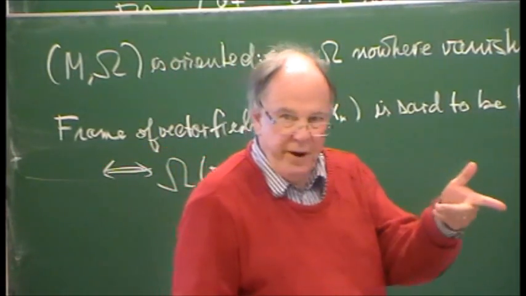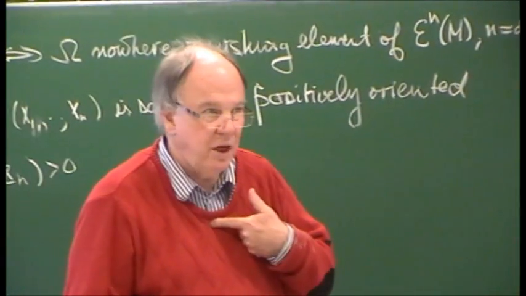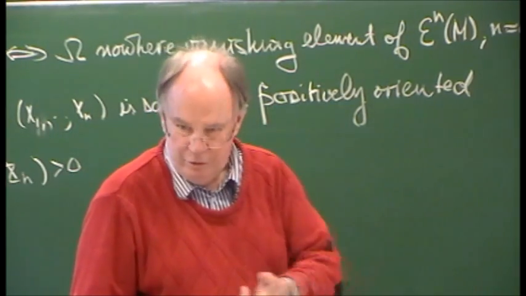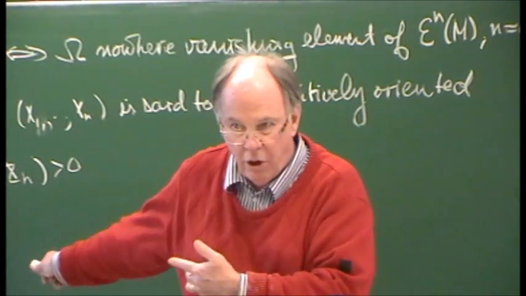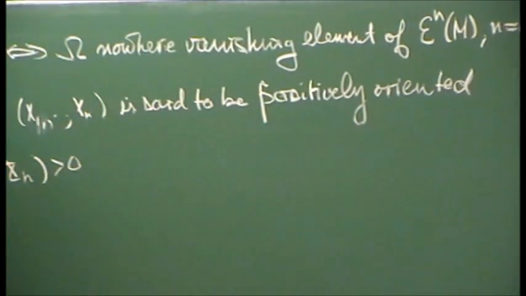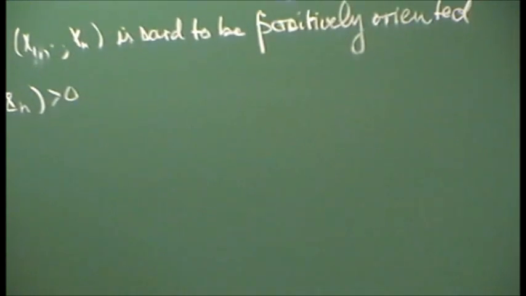If I give you a 3-frame in R3, you're supposed to tell me whether it's positively oriented or not. You get it? Do you understand? Let's do this in R3 and have some fun, okay? So this is the abstract definition, and here's the 3-frame. Well, let's have some really non-trivial fun.